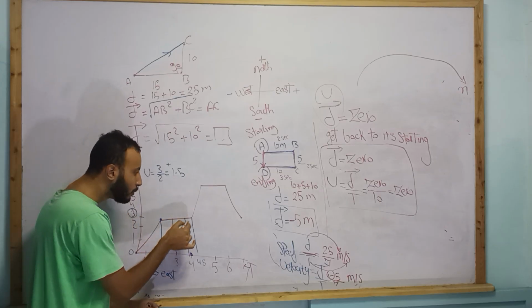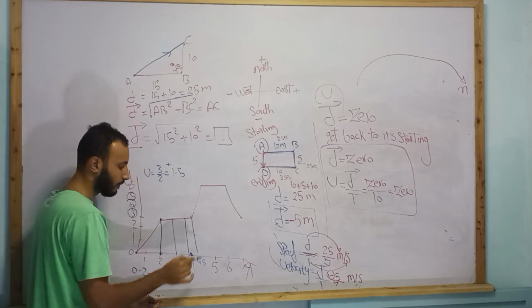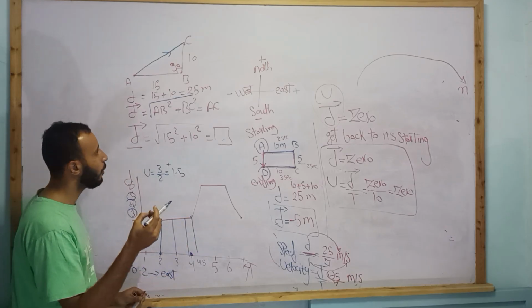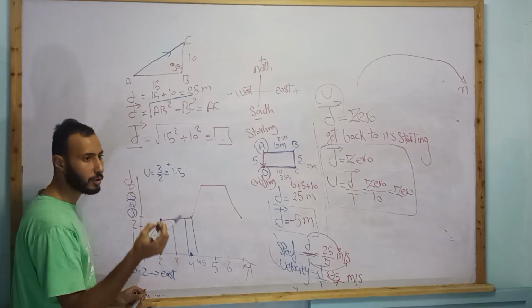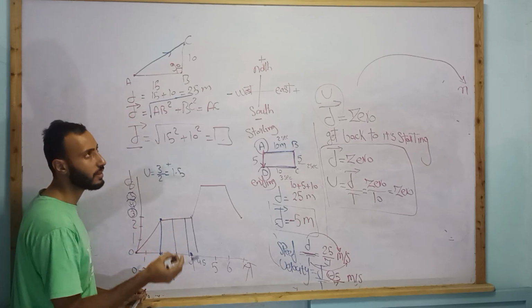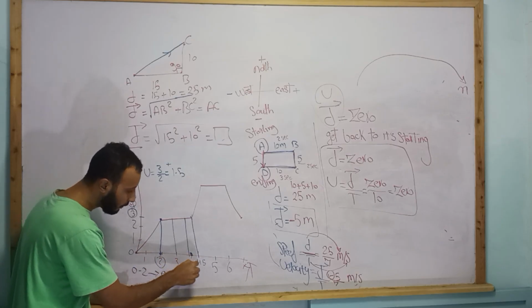But then it starts to move again, and the displacement increases again. So, if he asks me the time interval that the object was at rest, I say from 2 to 4.5.